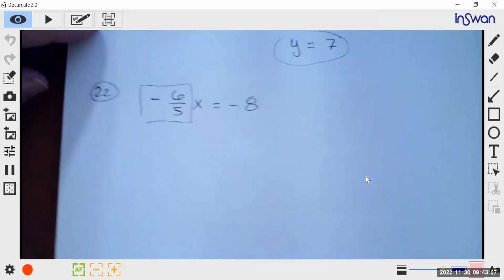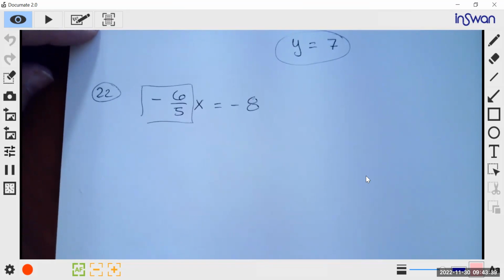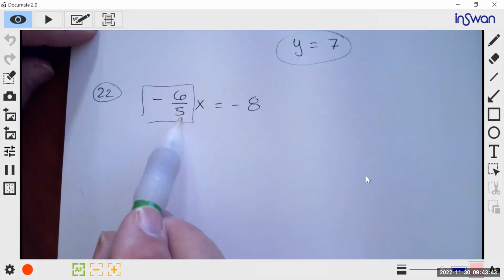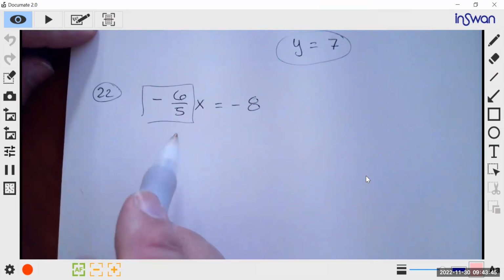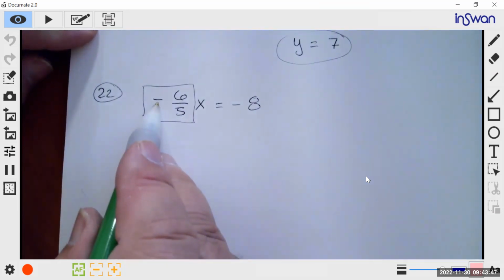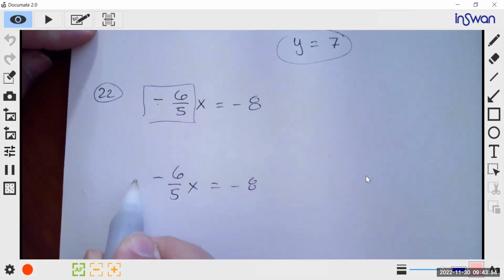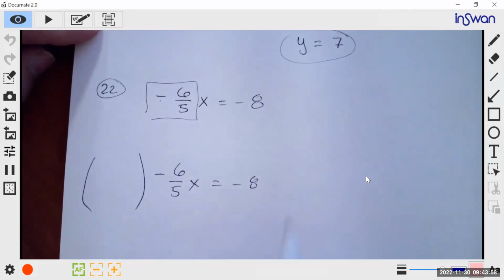So what do we multiply to both sides to cancel that out? Well, first off, it has to be negative. Well, we have negative 6/5 x equals -8. What do we multiply to both sides to make the x by itself?